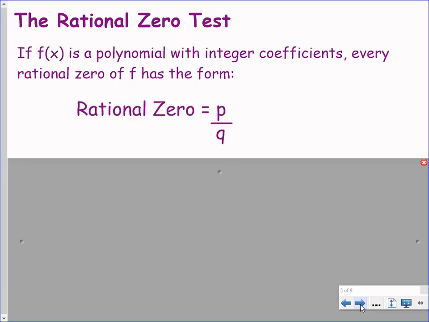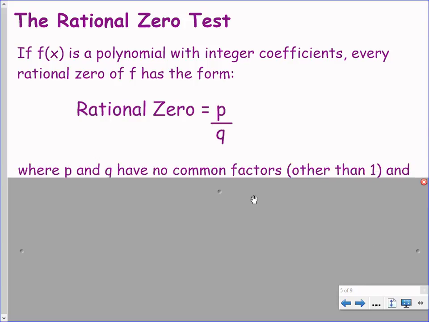Then every rational zero of the function would be in the form p over q. Okay, and we have to describe what p over q actually means. So in terms of p over q, we're saying p and q have no common factors. That basically means as a rational solution, it's simplified. You're not going to see 6 over 8. You're going to see 3 over 4.